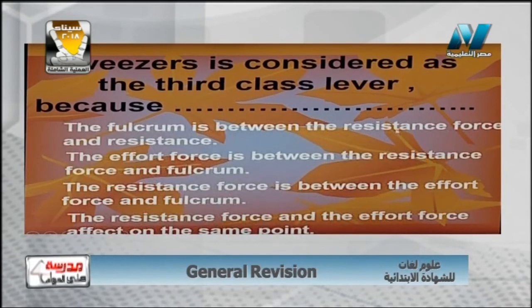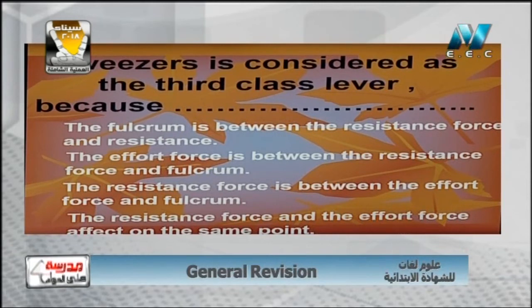Because what? Here we talk about the position of 3 points, as we have fulcrum, resistance, and force. Number 1, the fulcrum is between the resistance force and the effort force. How come? Number 2, the effort force is between the resistance force and the fulcrum. Number 3, the resistance force is between the effort force and the fulcrum.